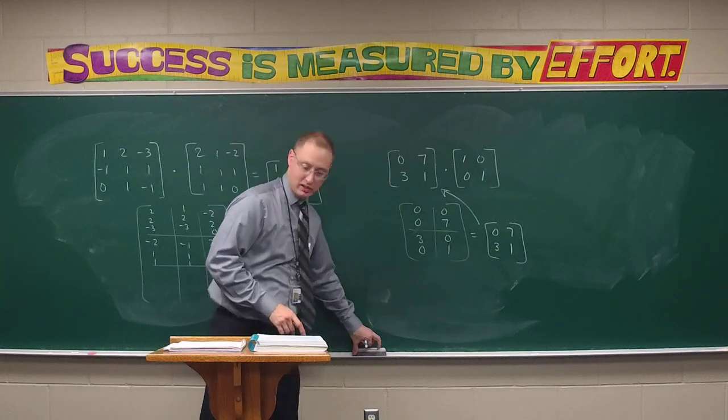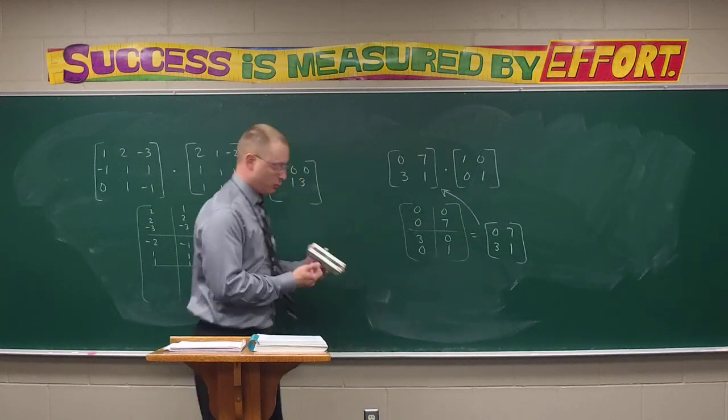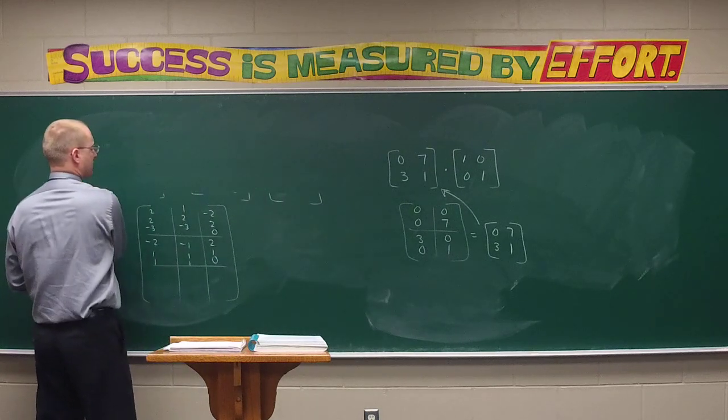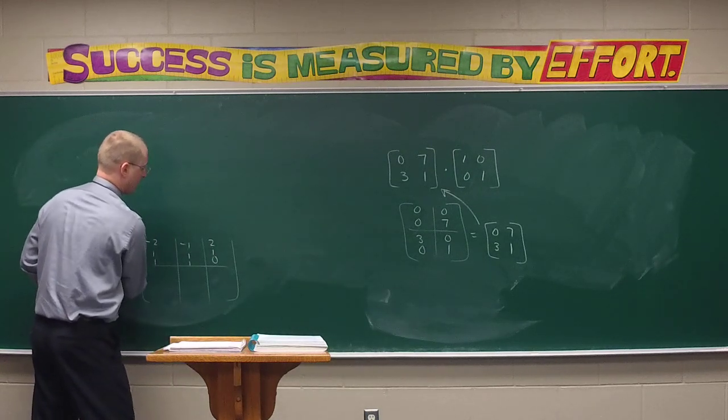At your seats, for the practice sake, do number 30. Multiplied by the identity matrix. I know what the answer is already going to be, obviously, but just getting the practice. And then we'll finally move on.